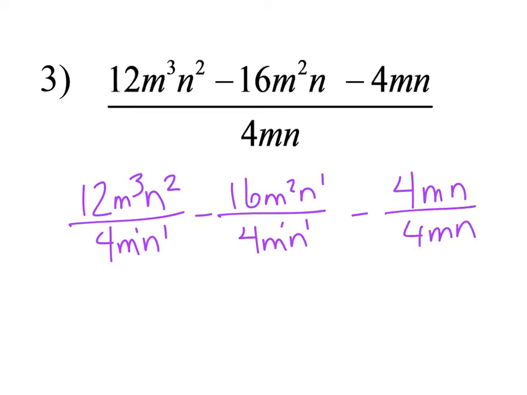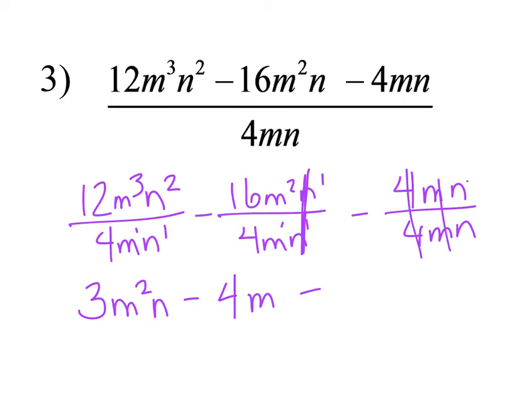All right, so 12 divided by 4 is 3. Subtract the exponents. I'm going to leave the 1 off because it's understood that there's a 1 there. 16 divided by 4 is 4, 2m. The n's here, n divided by n, that's gone. Here, this is exactly the same thing, so it's 1. But there is a minus sign here, so make sure the minus sign stays there.